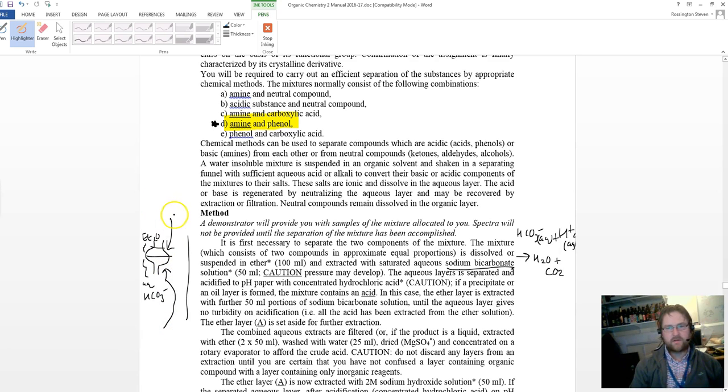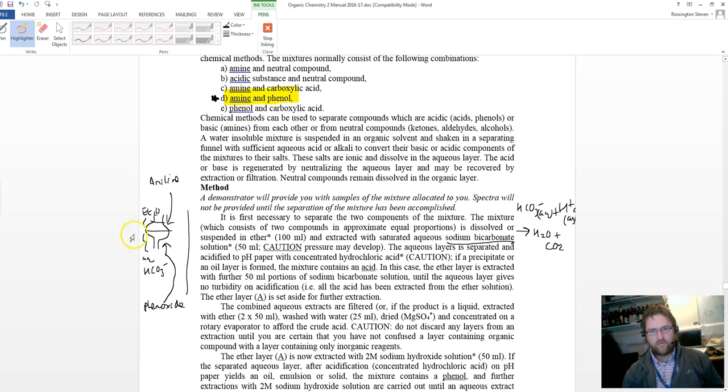Well, the organic top layer should be the aniline, and the bottom layer should be the phenoxide. So once you separate the two layers out, the top layer contains the aniline, the bottom layer contains the phenoxide.